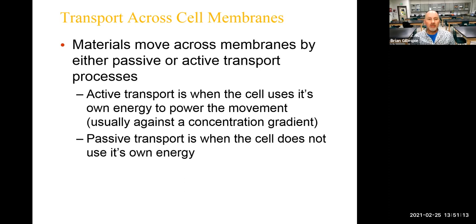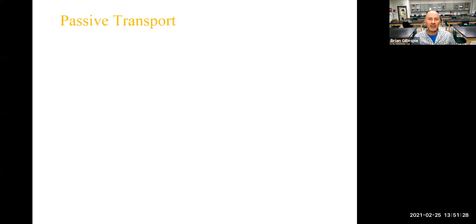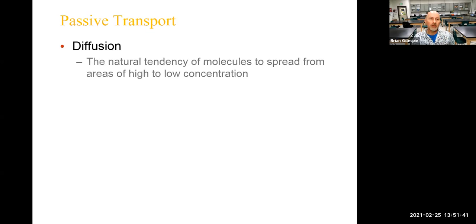So passive transport really always occurs because of an underlying fundamental property of matter, particularly when you're talking about matter that is either in a liquid or in a gaseous state. That process is diffusion. All passive transport processes ultimately are the result of this process of diffusion.